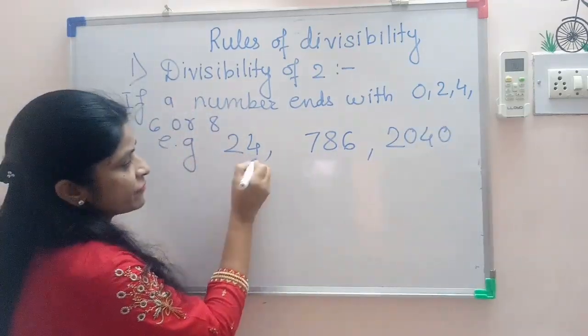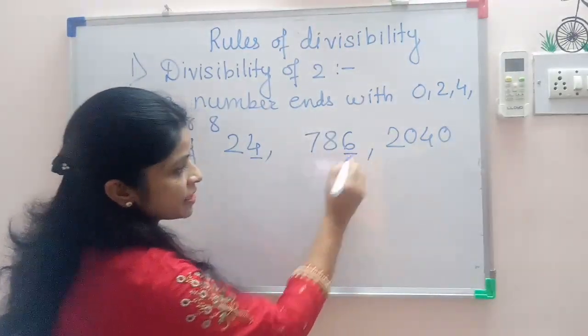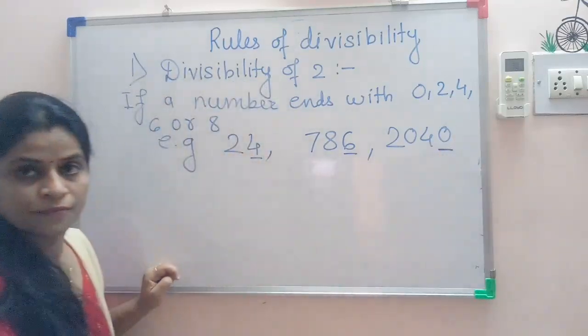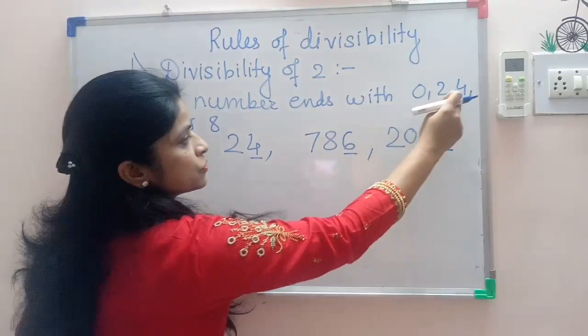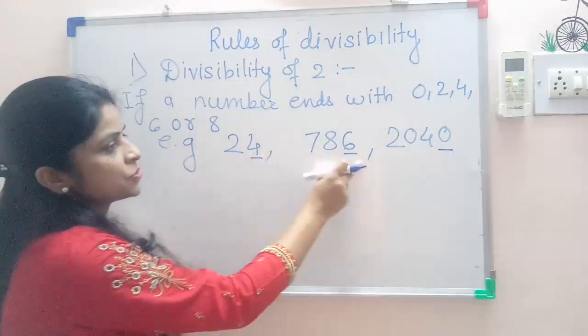See, 24 ends with 4. This number ends with 6 and this number ends with 0. So, the numbers which end with 0, 2, 4, 6 or 8 are divisible by 2.